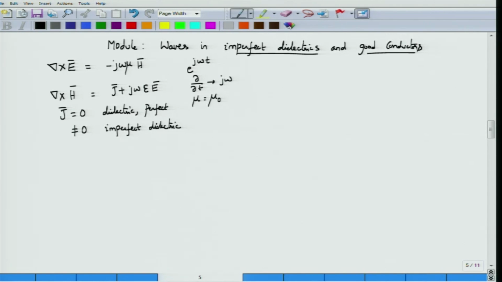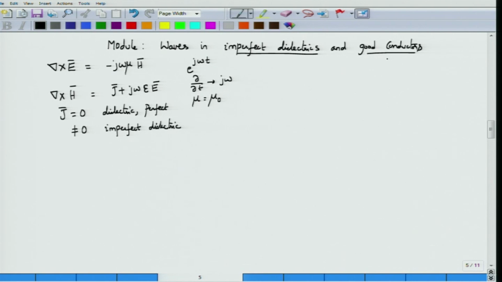In any other medium, the relative magnitudes of conduction current and displacement current determine whether that medium can be considered an imperfect dielectric or a good conductor. In any case, we will assume that J is non-zero in order to capture both the imperfect dielectric as well as good conductor effects.